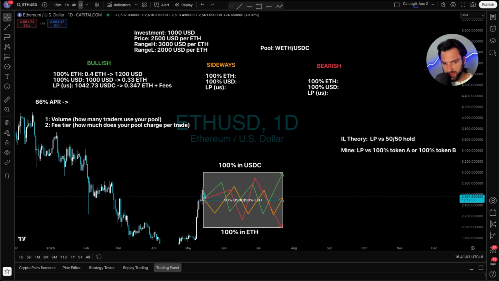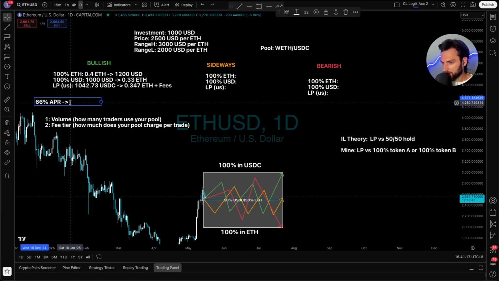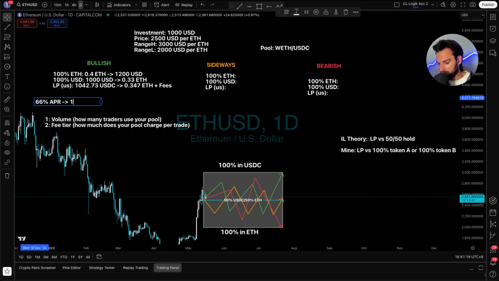So what is the difference? The difference is 1,200 USD minus $1,042.73 is 157.27 USD.